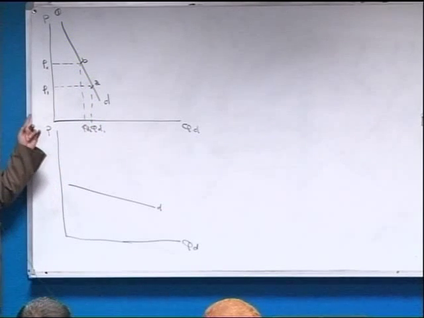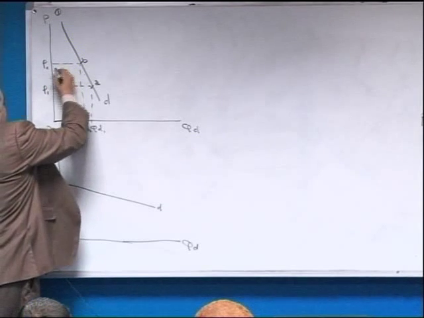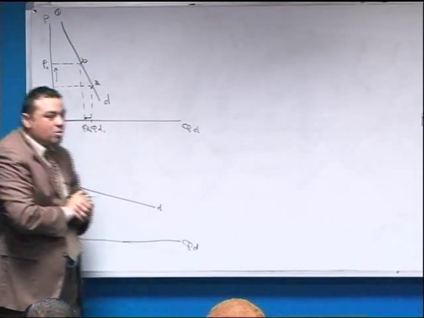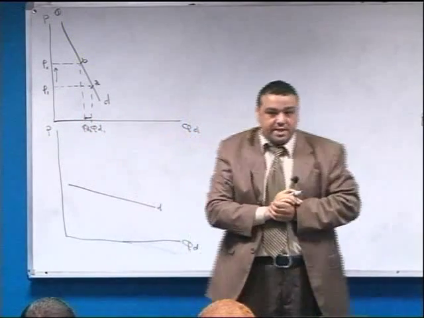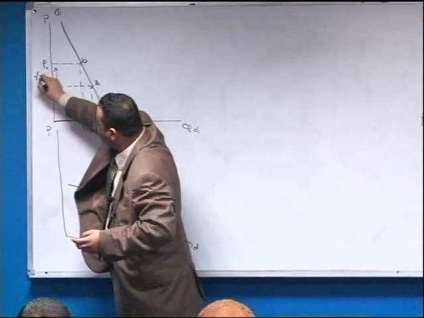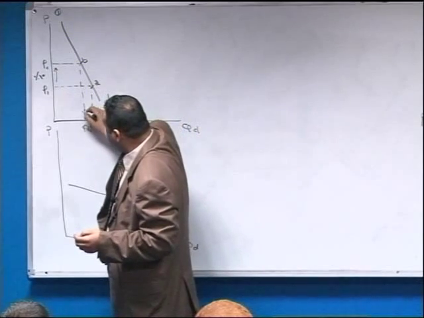When the price increased from P1 to P2, the quantity demanded has declined by a smaller amount, right? So suppose that the price is increased by 10% and the quantity declined by 3%.